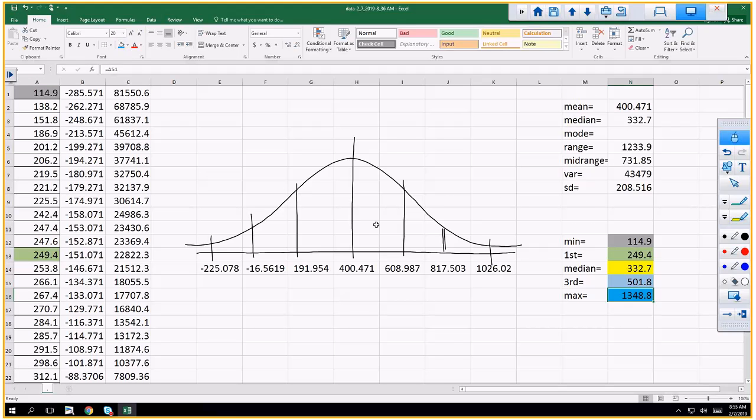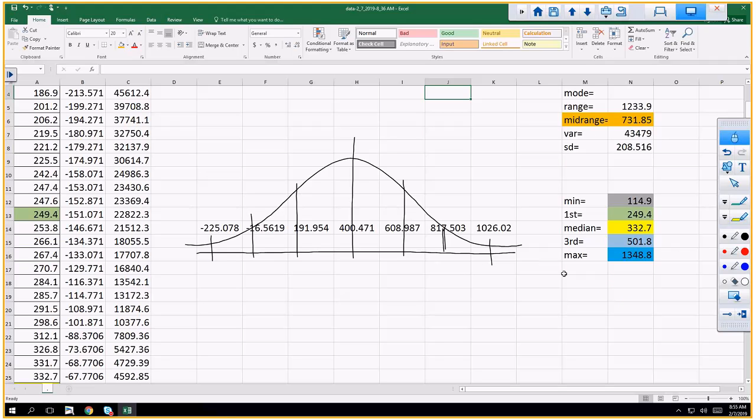Everybody good? Now draw the box plot. I did do the mid-range. There's the mid-range, and I'm going to highlight that burnt orange color, because what is the mid-range? That is the middle of your what? Middle of your data or the middle of your number line?